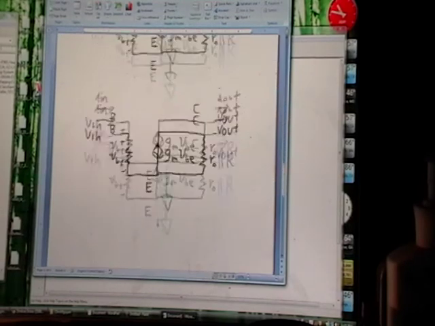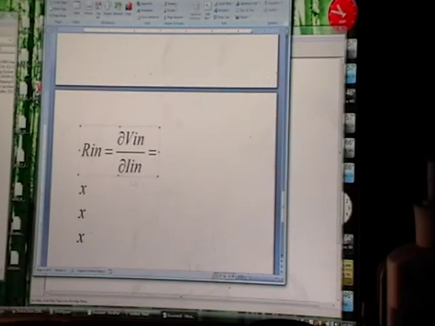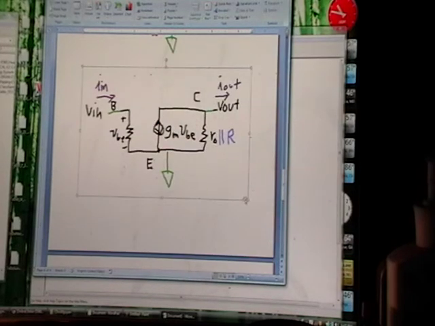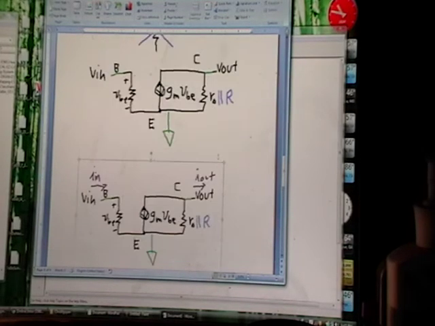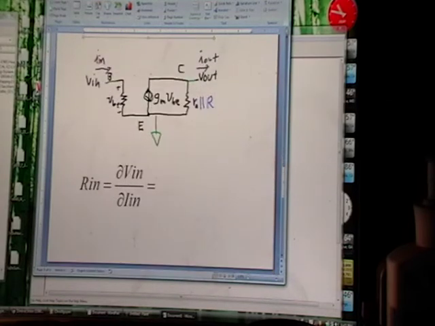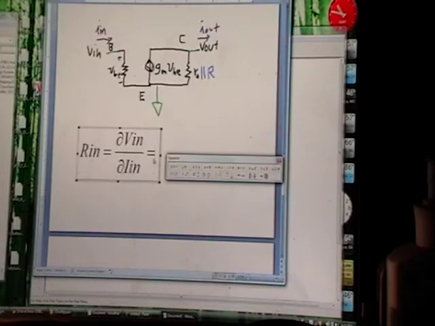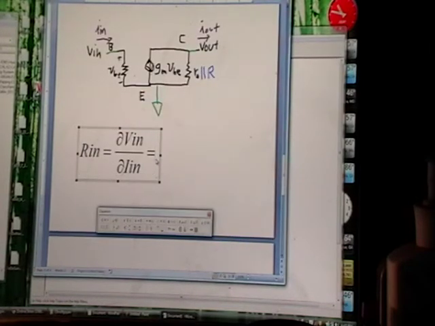Okay, so we're down to here. We've got our Vn, In. Let's make this a little smaller so I can do my equations on the same page. Okay. So now when I do this, what I want is an equation.